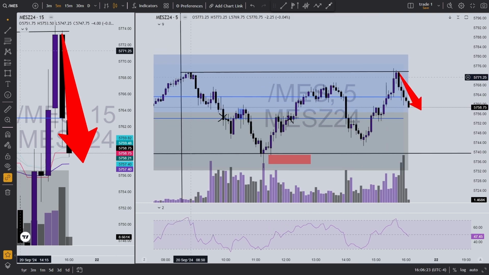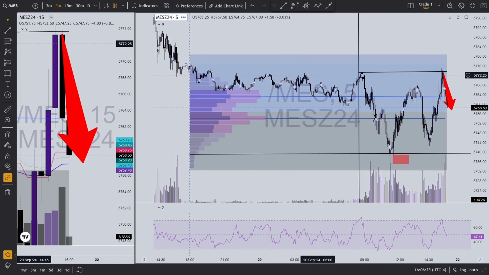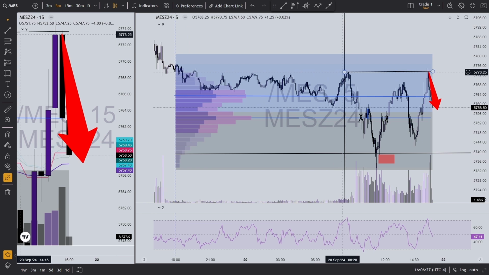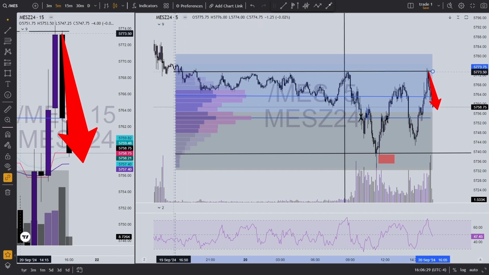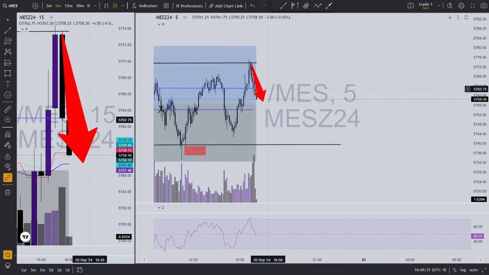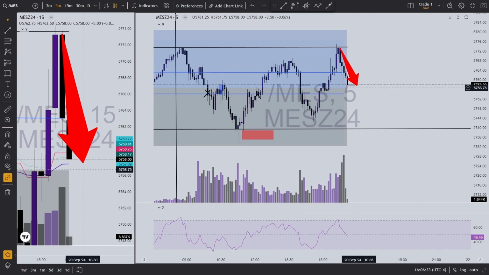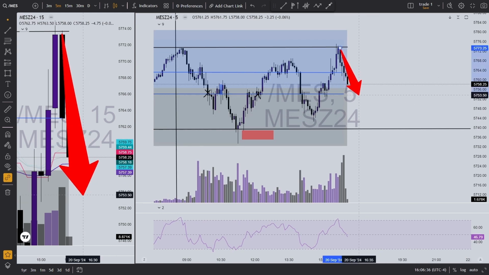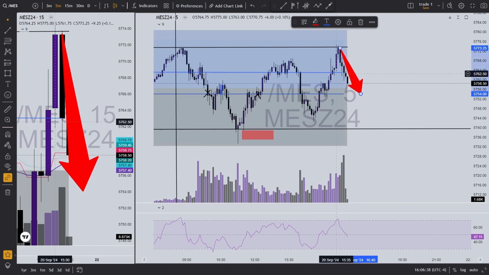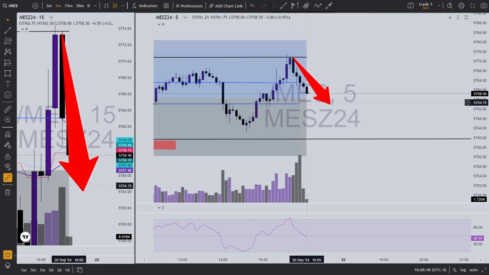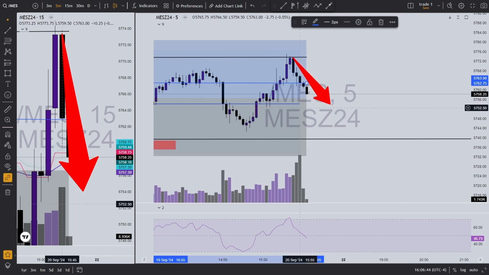So we came up to this outer extremity on this curve here, and rejected right off of that. Beautiful. We're probably going to come down here and test these numbers, since we just absolutely trailblazed through the first point of contention here.